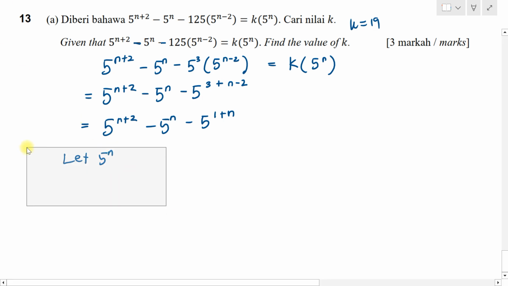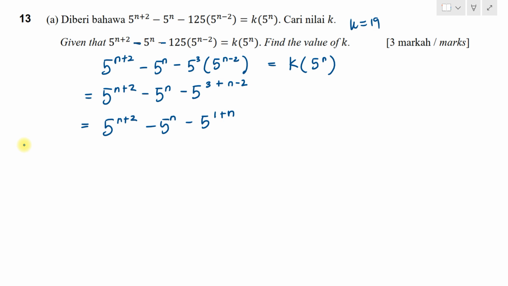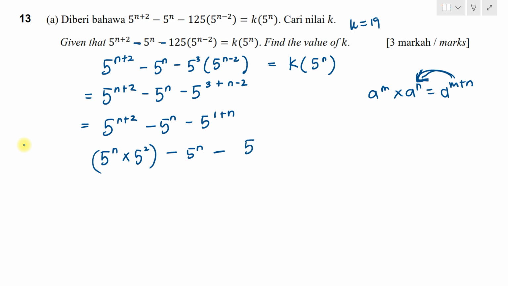Let's break it first. n plus 2 is actually what? We need to look first. 5 to the n multiply 5 squared. Because if you know that a to the m multiply a to the n equal to a to the m plus n, you can do the reverse also, and the reverse should also be true. So minus 5 power 1 multiply 5 power n.